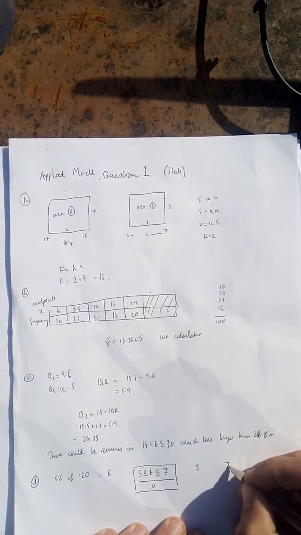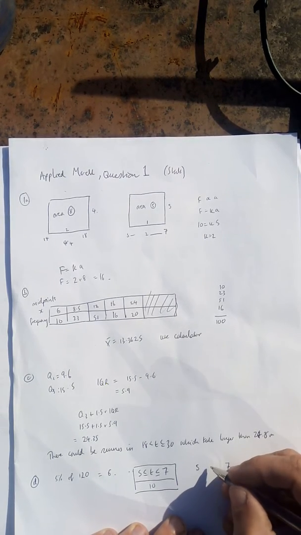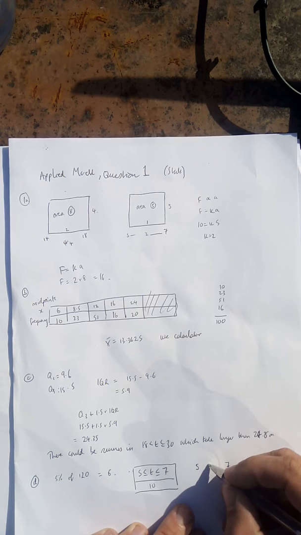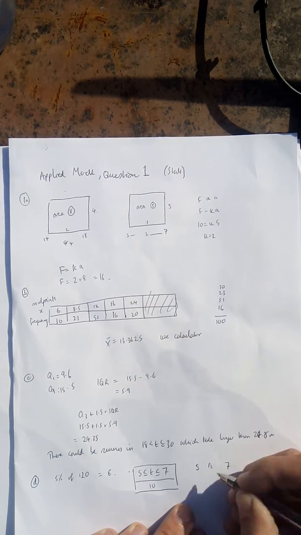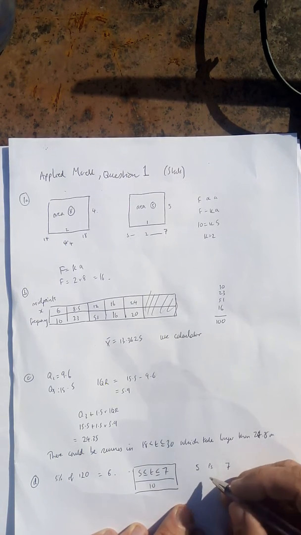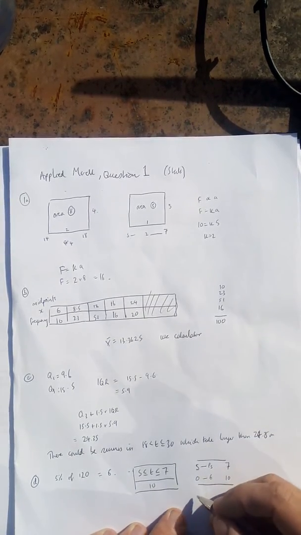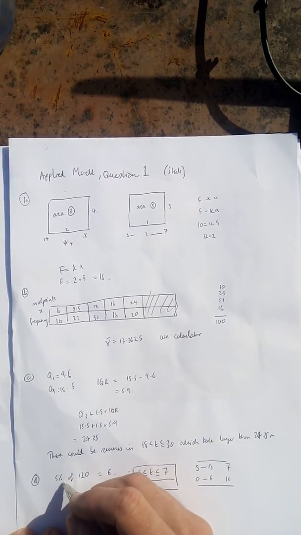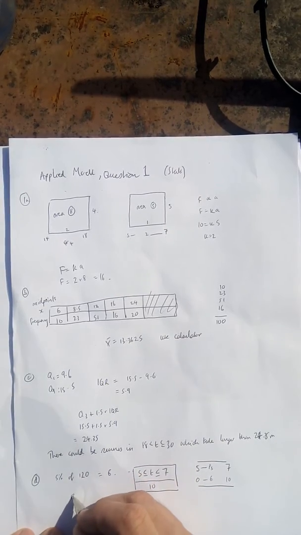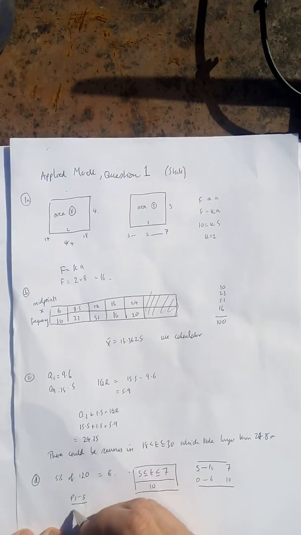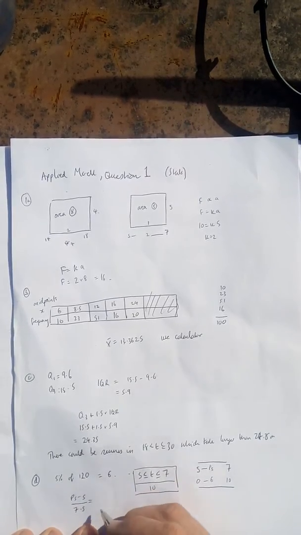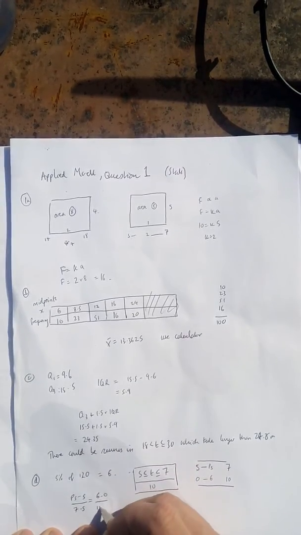Its interpolation is somewhere between 5 and 7 in terms of time. That's 0 and the 10th person. So let's do it here: P5 minus 5 over 7 minus 5 equals 6 minus 0 over 10 minus 0.